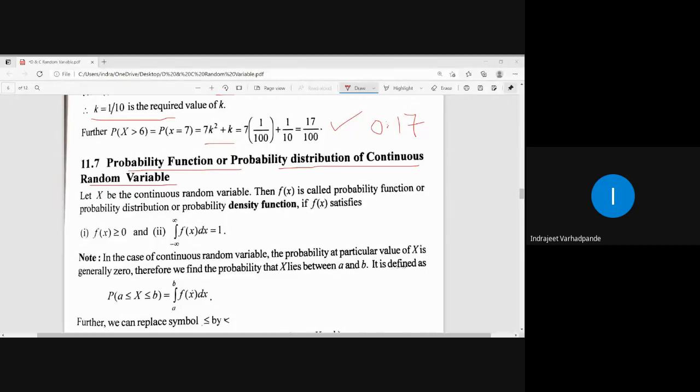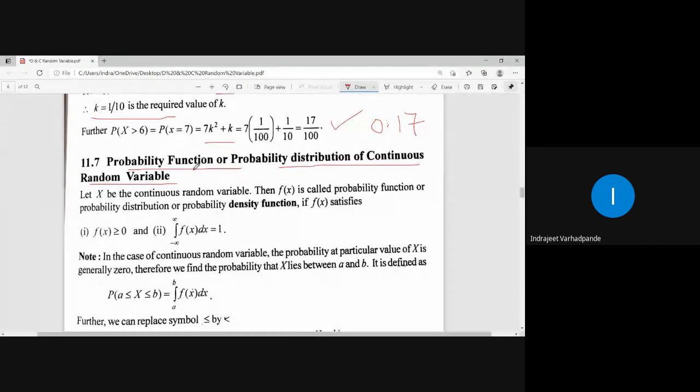So for continuous random variable, we will be discussing the probability function. Like in the earlier case for discrete random variable, we discussed the probability function or probability distribution, and the second category was the distribution function or cumulative distribution. Similarly, the concepts here are also applicable for continuous random variable.